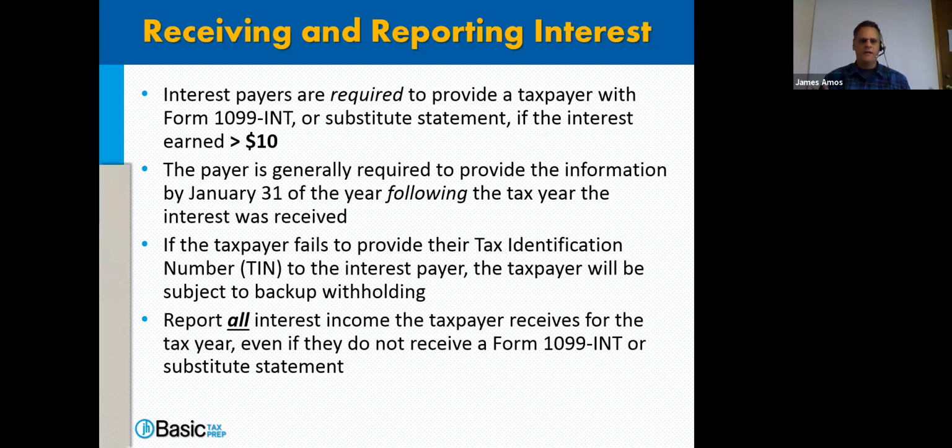Okay, just know that. I don't care that you memorize the percentage rate, but just know they're required to do backup withholding. So here's the thing. You report all interest income that a taxpayer receives for the tax year, even if they do not receive a 1099-INT or substitute statement.